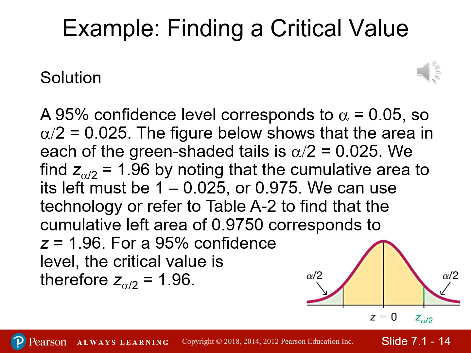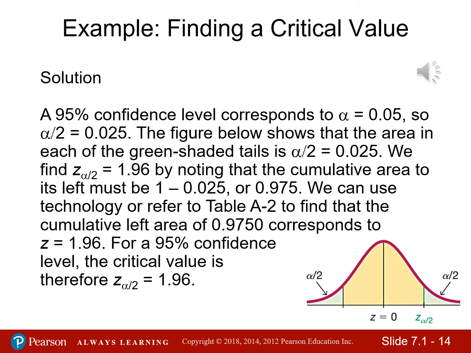Let's find the critical value of z to the alpha over 2 corresponding to a 95% confidence level. A 95% confidence level corresponds to alpha equal to 0.05, so that alpha divided by 2 equals 0.025.